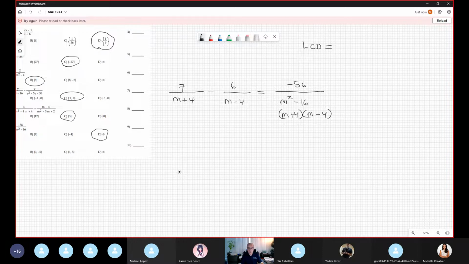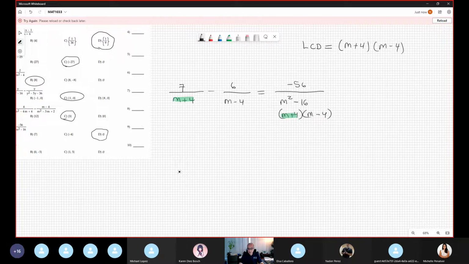So now you take n plus 4, but only one expression, either this one or this one, but you pick only one. And likewise, n minus 4.